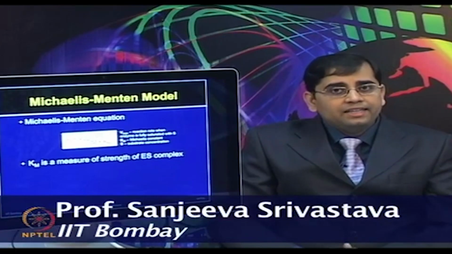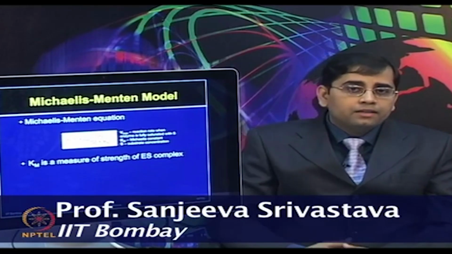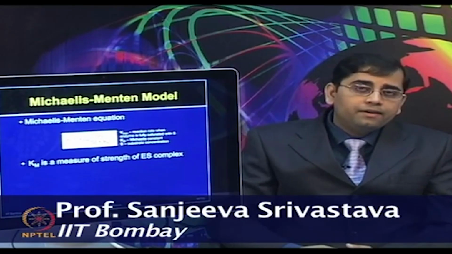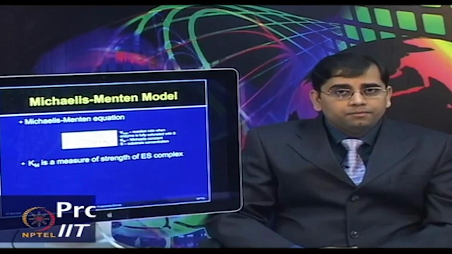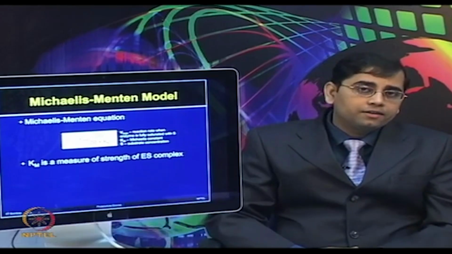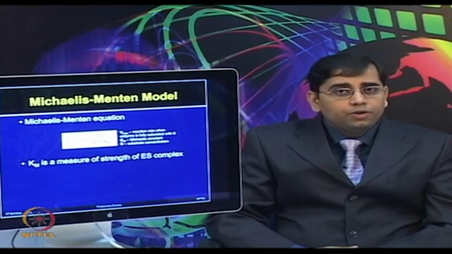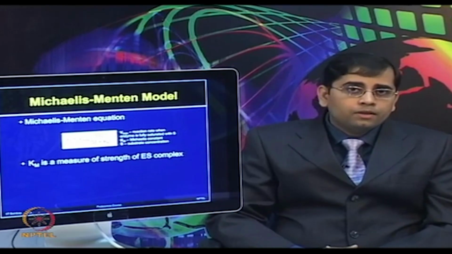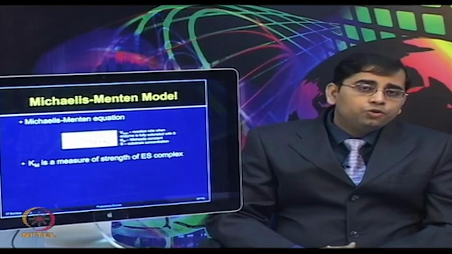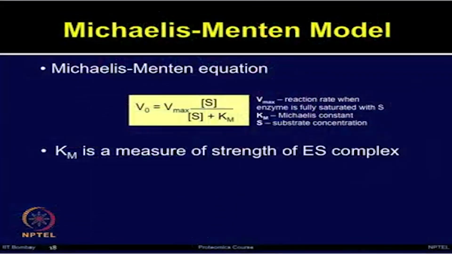So, let us say we take this equation and there is one situation where substrate concentration is less than Km, the Michaelis constant. Now, what will be the equation? In this case, V0 will become Vmax divided by Km times substrate concentration.